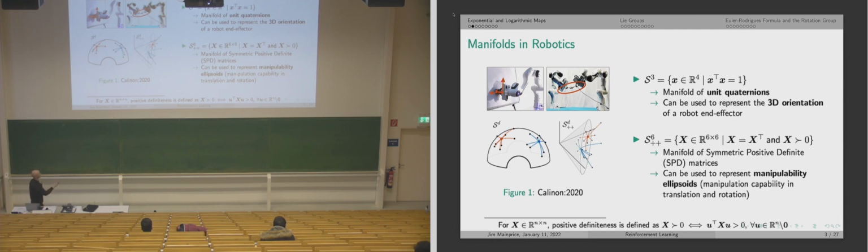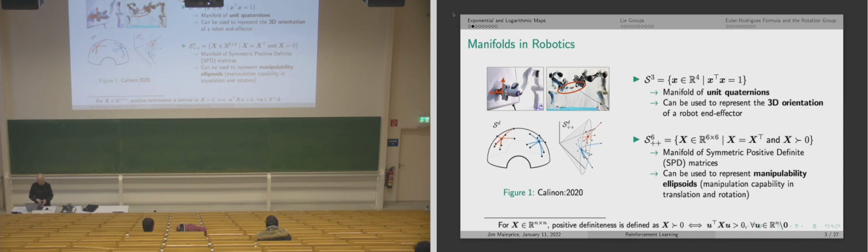It's the set of square matrices which are equal to their transpose, meaning that they are symmetric, and then they are positive definite, and that's the definition here. Okay, so these are two manifolds. They are not subgroups of the general linear group, though I'm not 100% sure for this one, but definitely this one not.